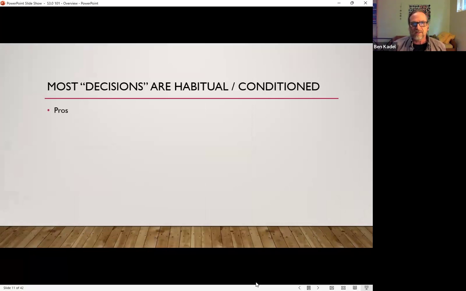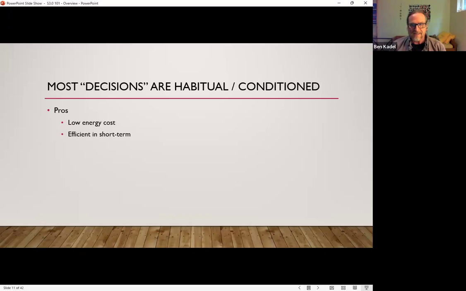The reason we do this is because the reality is that most of the decisions that we make are not actually decisions. They are habitual, we do what we've always done because that's how we've always done it. In some ways, our brains are set up to do this because from an evolutionary standpoint, it makes a lot of sense.